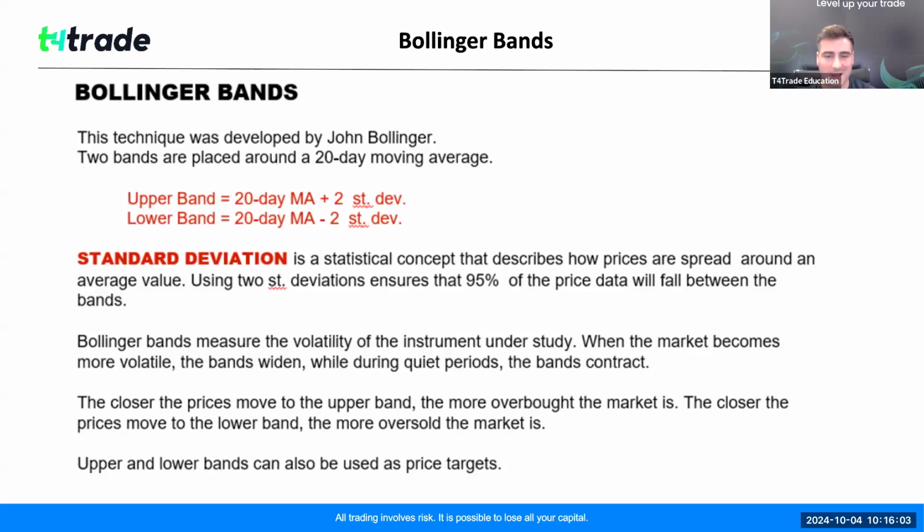The point here is that by using the standard deviation, the technical indicator computes, about 95% of the time, how fast and how far price action could go, which, depending on the volatility, is going to create those bands.